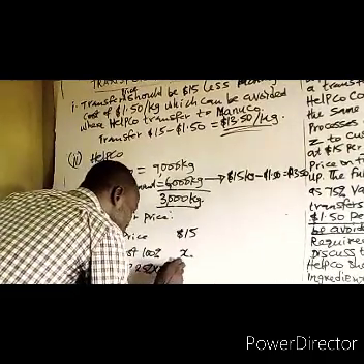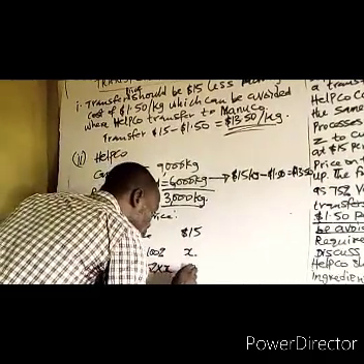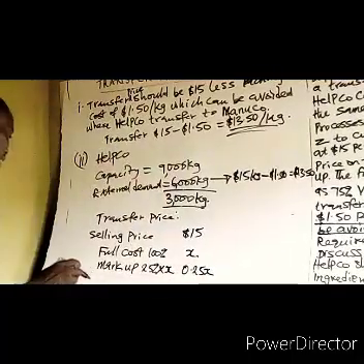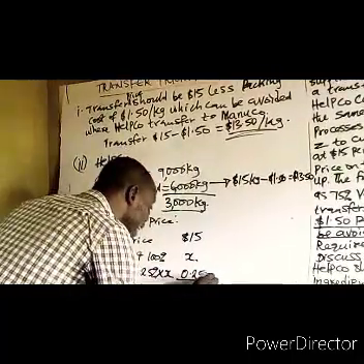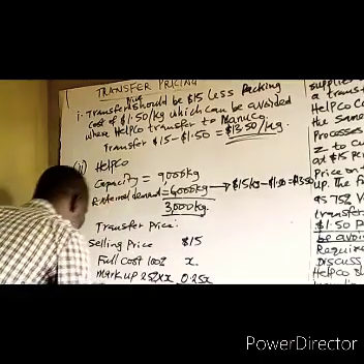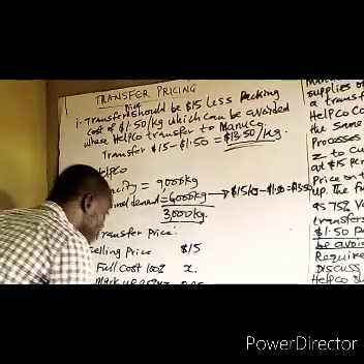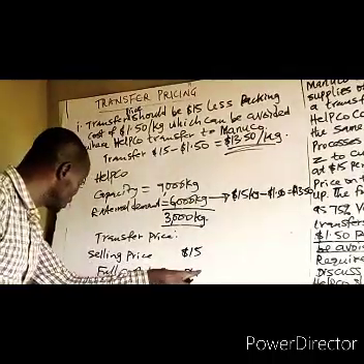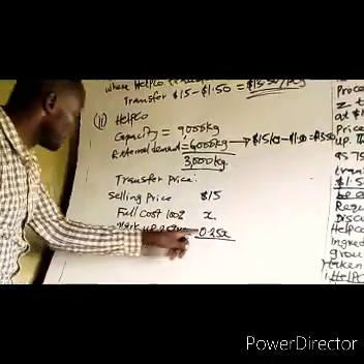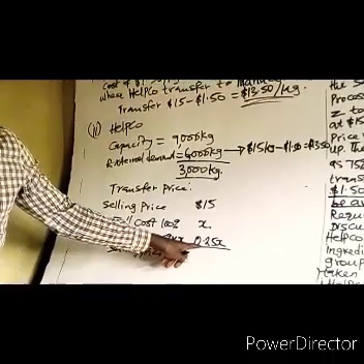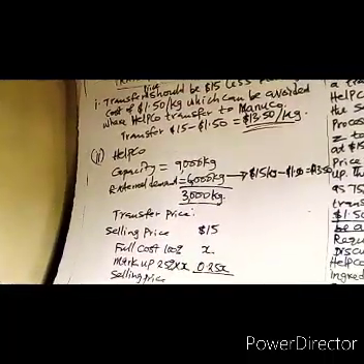25% of cost gives us 0.25X. That is the markup, which was added to this cost to give us the selling price. The selling price comprises the full cost, which is represented by X, plus a markup of 25% of cost.